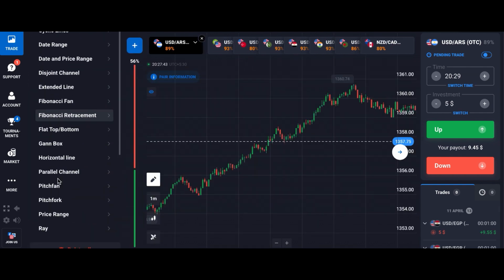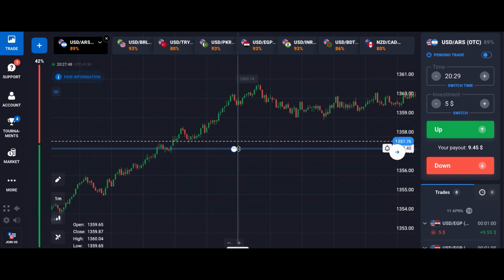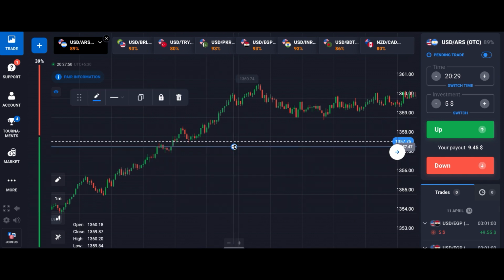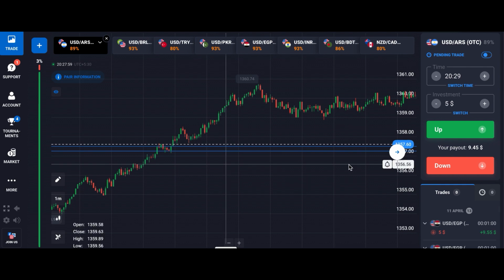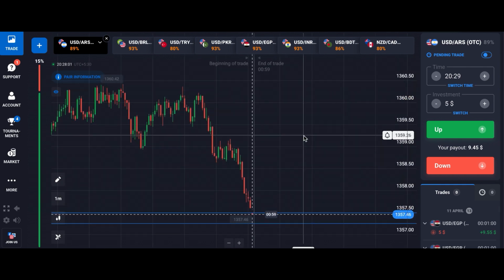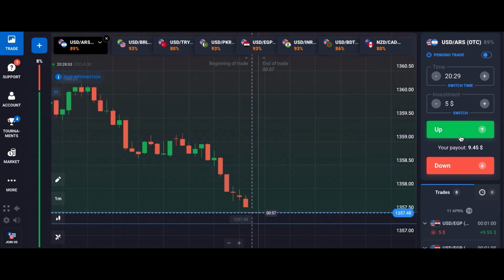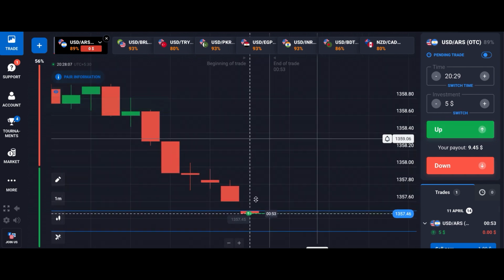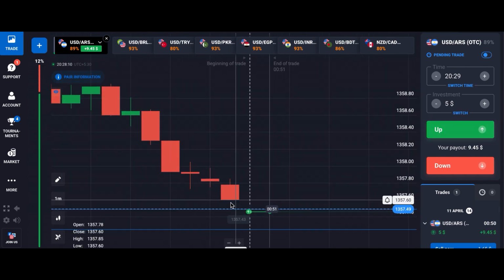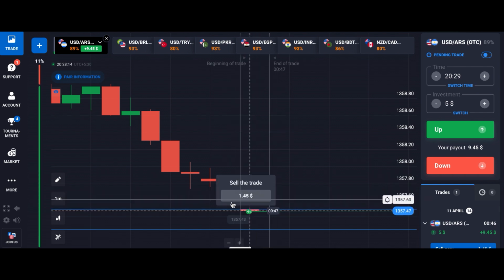For simplicity, I am using horizontal lines. Okay. Here it goes. I will take the upside trade here. You can see a huge gap has been created by the market. This is a huge one, man.